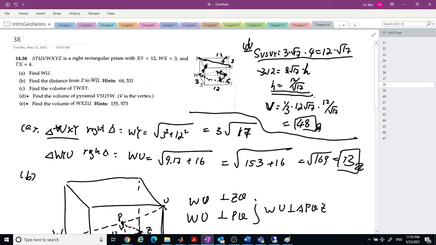Okay, the final one is to find the volume of VXZU. Okay, find the volume of V, X, Z, U, VXZU.